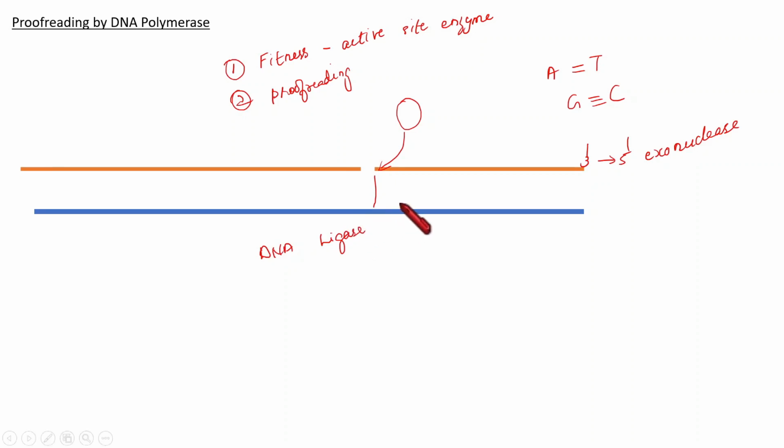Okay. In that way, replication is finished, and then the final step is the termination. How is that termination taking place? So let's see that.